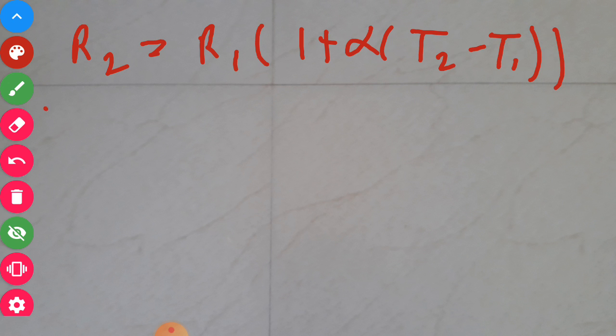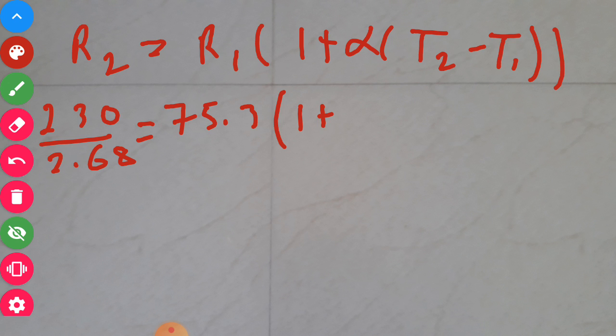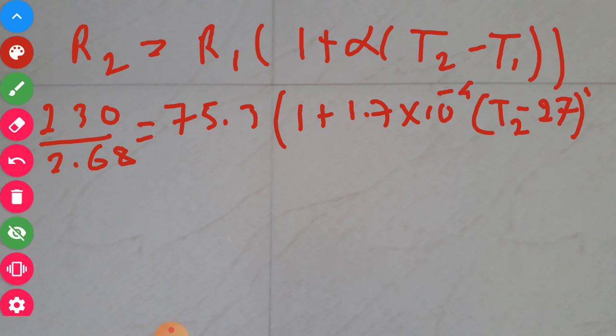R2 is nothing but 230 divided by 2.68 is equal to initial value of resistance 75.3 into bracket 1 plus value of alpha is 1.7 into 10 to the power minus 4, into T2, which we want to calculate, minus 27. Okay, now simplify this to find the value of T2. This is a very easy calculation that you can do on your own.